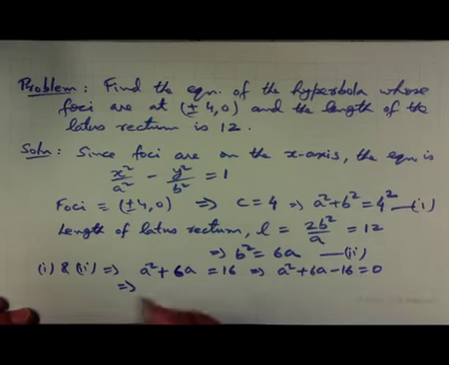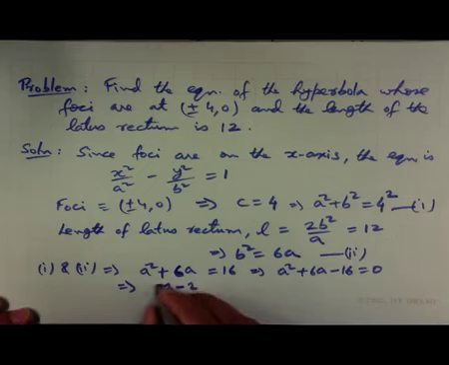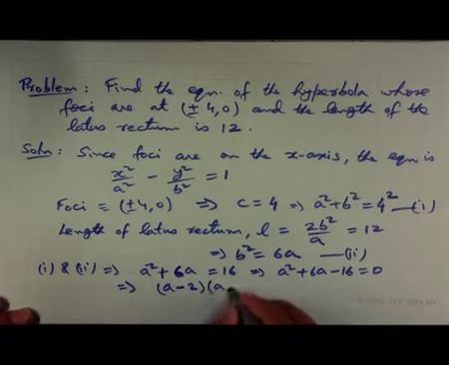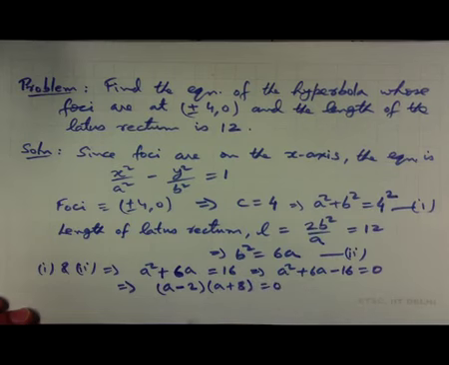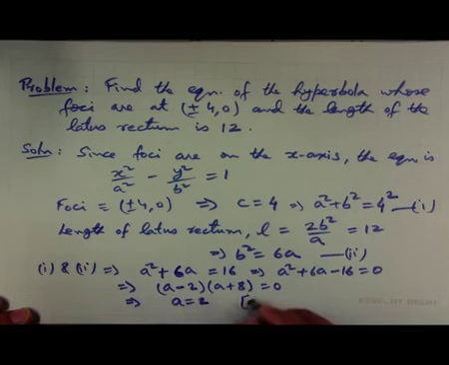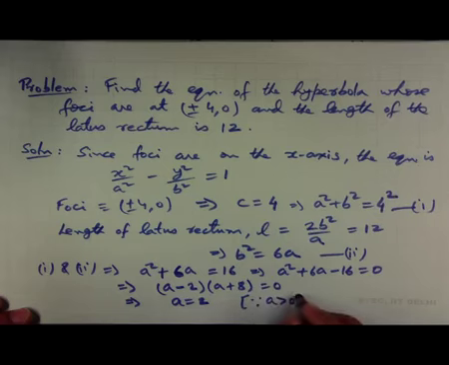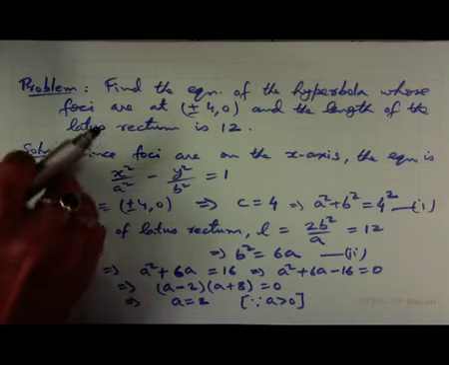You can easily factorize this as (a minus 2) times (a plus 8) equal to 0. Since a is positive, this implies a is equal to 2. So, a is 2, therefore, you can calculate b.